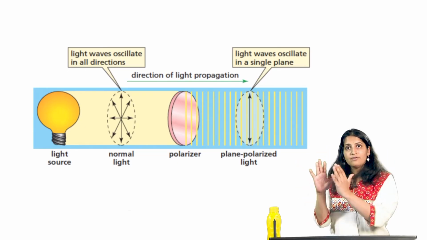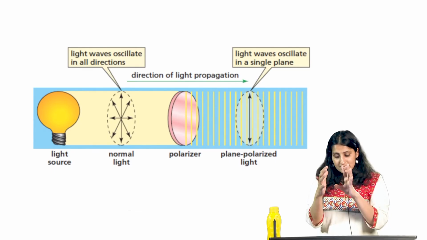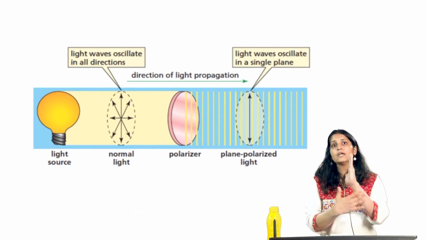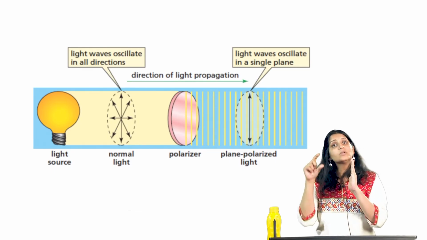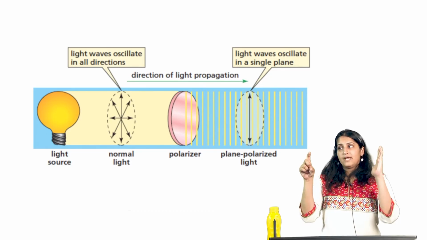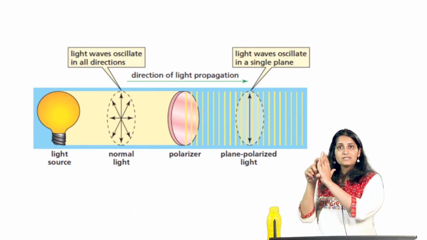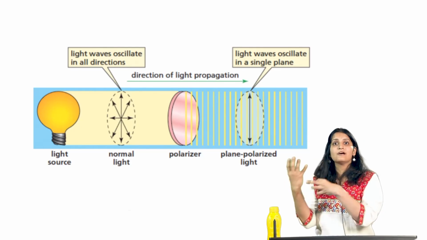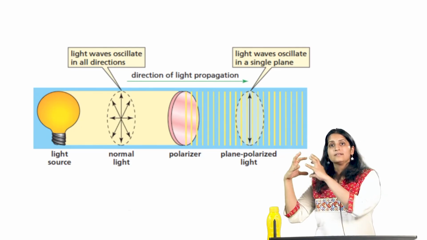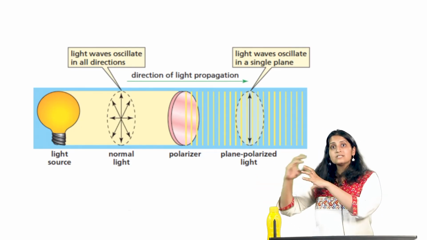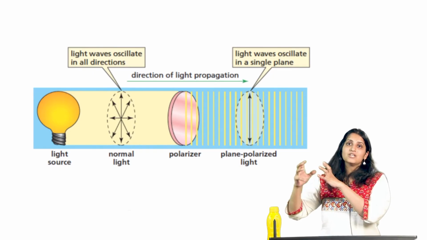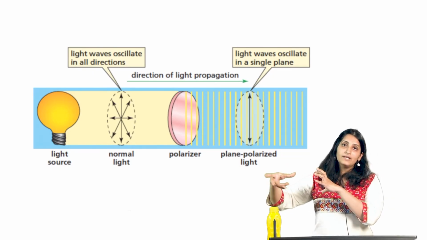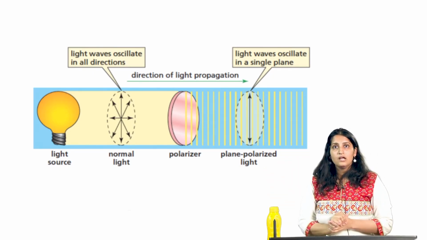Now, these light waves that are going in one single plane pass through the sample, and as these light waves pass through the sample, what is going to happen? The sample, because the molecules have some kind of handedness, then rotates this plane polarized light such that it either rotates it towards one direction or the other. Okay.